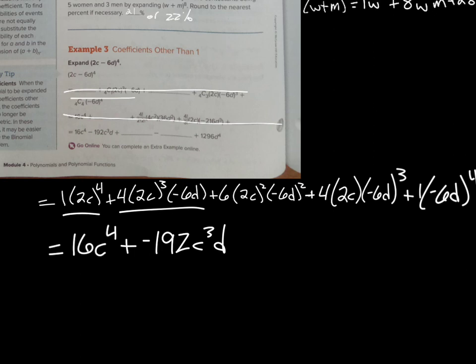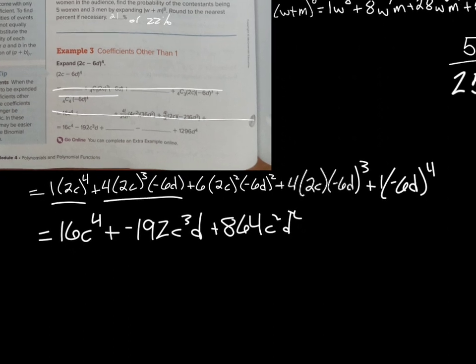It is quite the large number. 864. Plus 864, right? It's plus because that negative 6 got squared. C squared, D squared. All right, so negative 6 to the third.